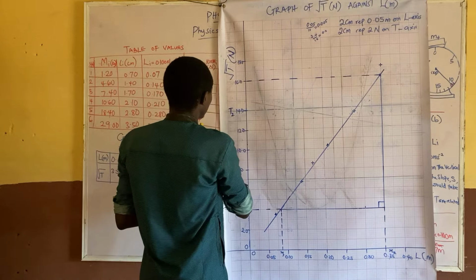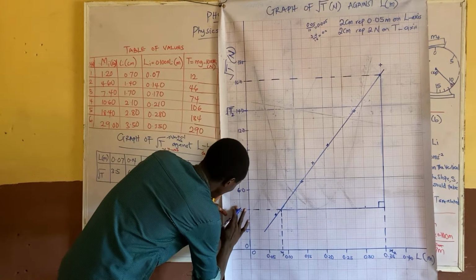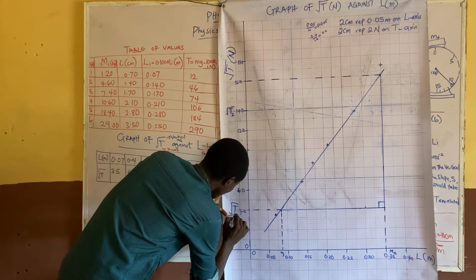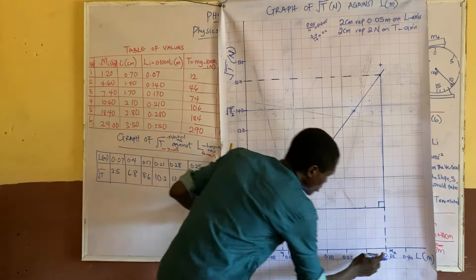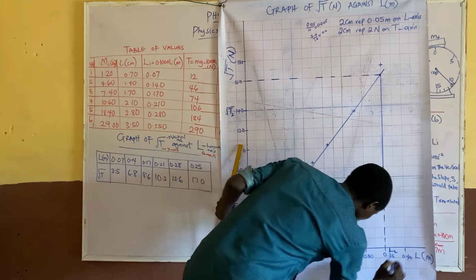T2, and this root T2 minus root T1, and on this place we have L2 and what?